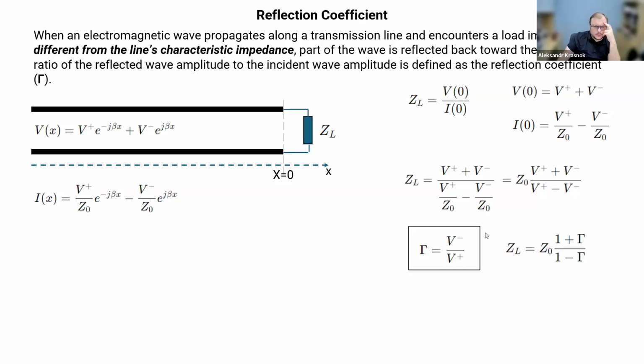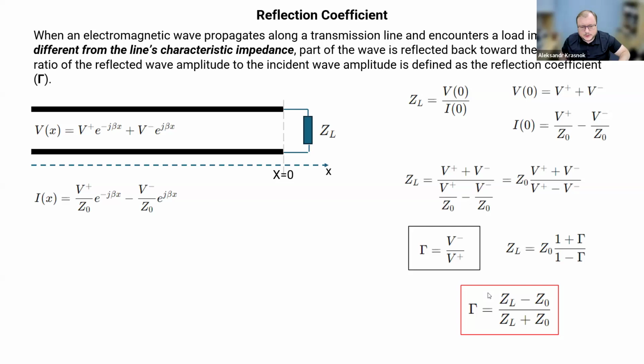So introducing this coefficient, we can rewrite this upper formula in this form, and then I can rewrite everything in terms of capital gamma, which is the reflection coefficient, and I get this simple yet very important and very useful formula for waveguide theory, analysis, and applications.